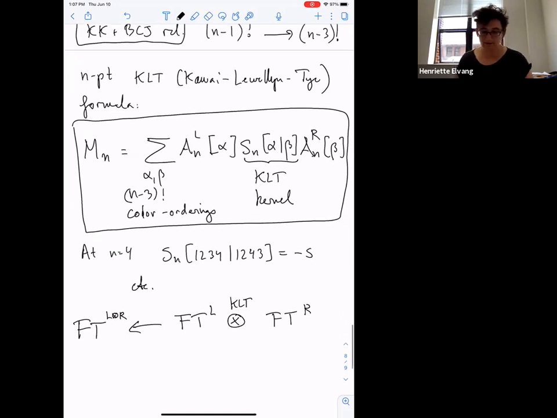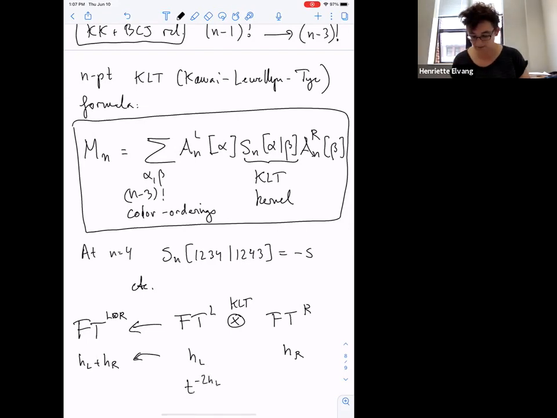When you look at this, there's a map for the external states of the amplitudes: if I have some state here with helicity left and some state here with helicity right, then that will map to a state with helicity left plus right. Why is that? Well, you can see this from little group scaling, that each of the left and the right amplitudes will scale homogeneously with a t to the minus h_L on each side.